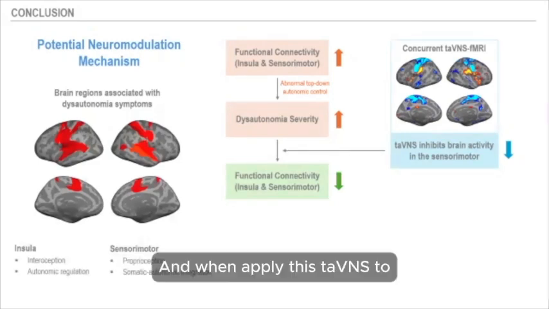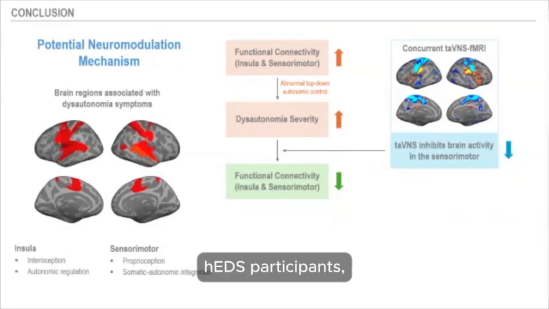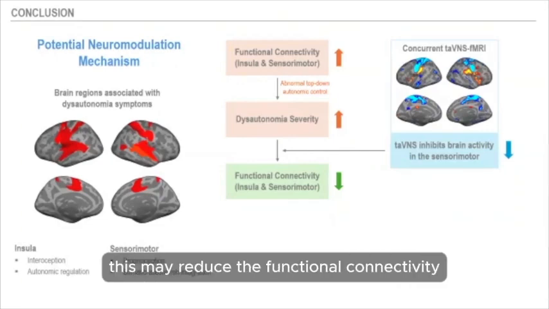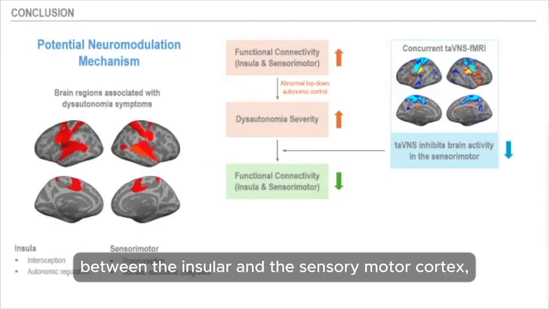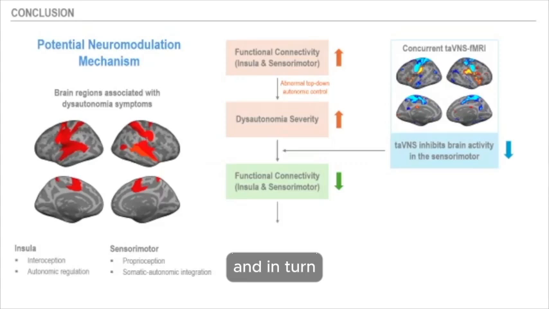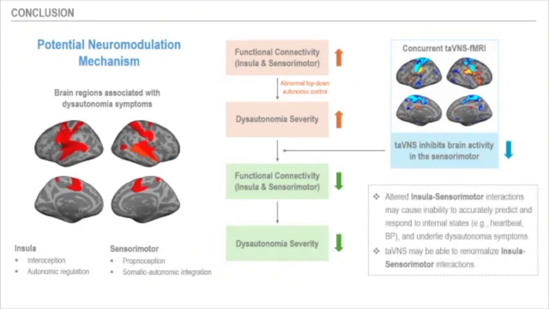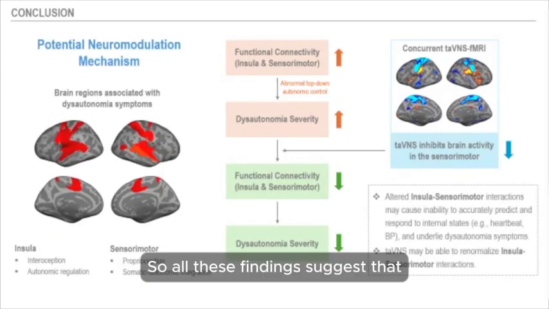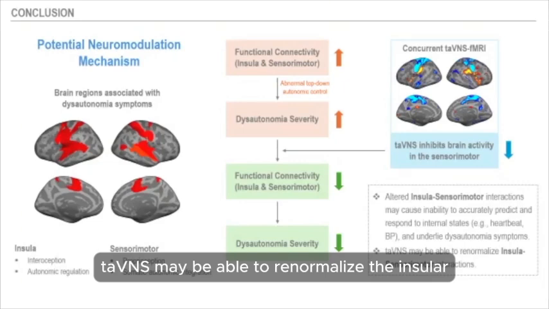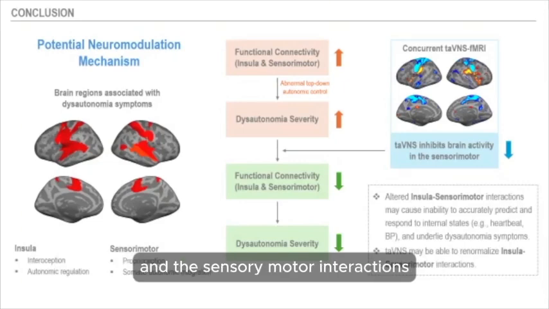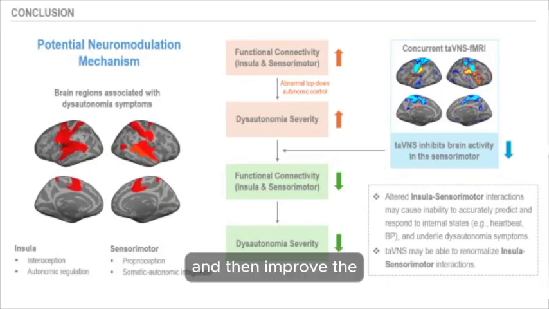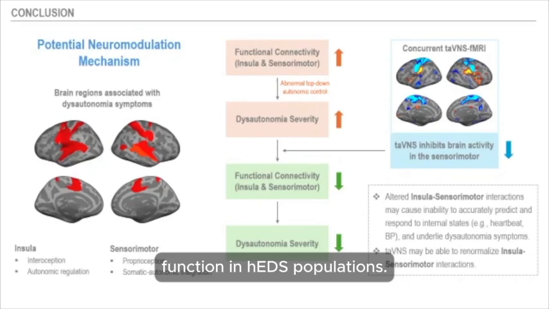When we apply this TMS to HEDS participants, this may reduce the functional connectivity between the insular and the sensory motor cortex, and in turn also reduce the dysautonomia severity. So all these findings suggest that TMS may be able to renormalize the insular and sensory motor interactions and then improve the autonomic function in HEDS populations.